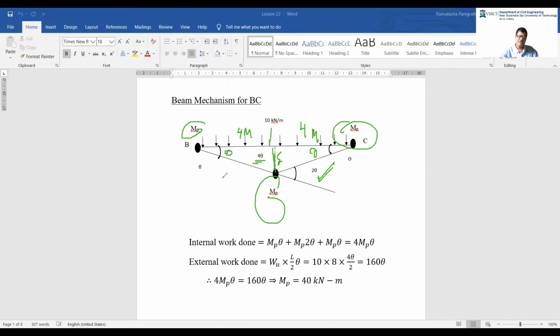Now, what will be the internal work done? Mp into theta, Mp into theta, Mp into theta, and 2 Mp theta at the middle, so it comes out to 4 Mp theta. What is the external work done?